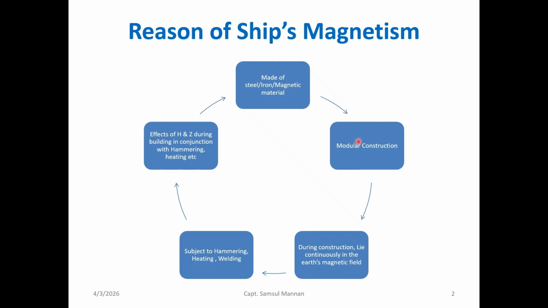That means different parts of the ship are built in different parts of the world. Let's take an example. Suppose you have ordered a ship in China. China will not build all the parts of the ship.